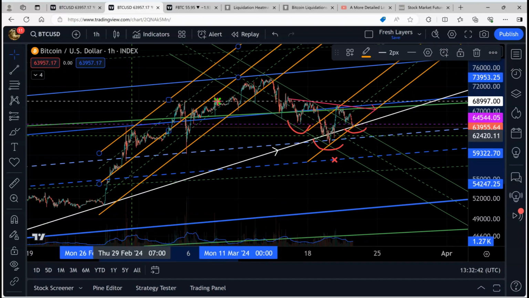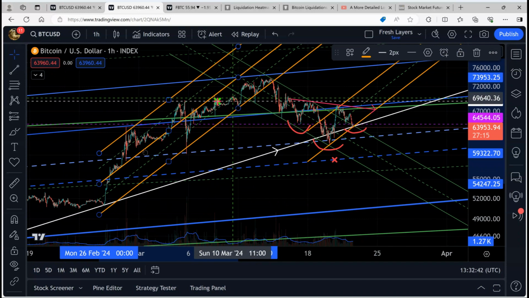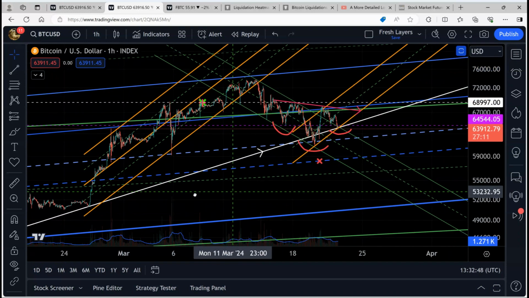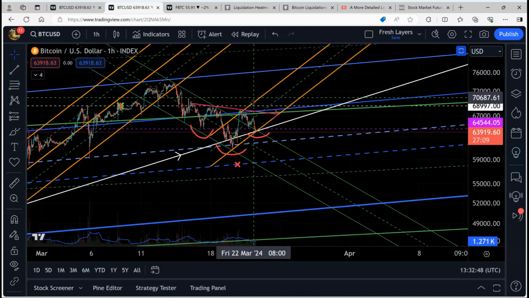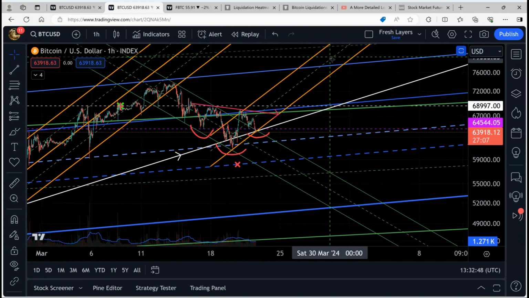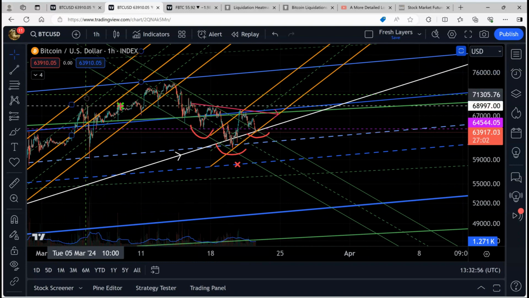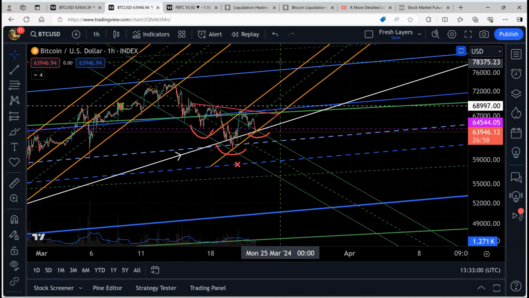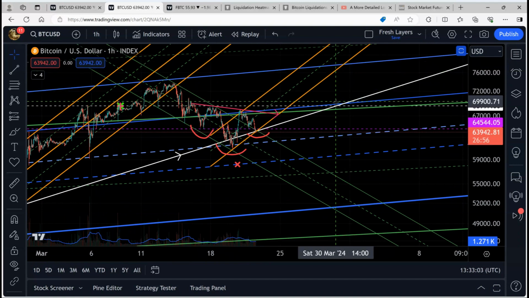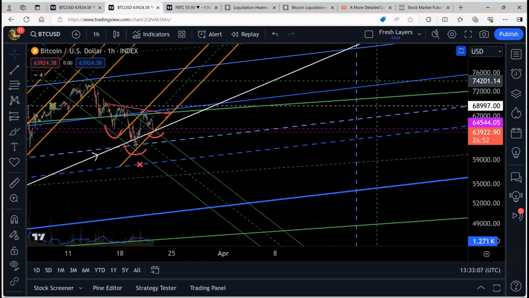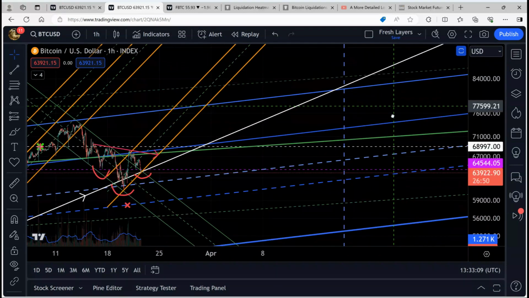You can see how price action has traveled up in this general sloping manner here. It doesn't mean that we're going to stay in this channel, but if we took another channel and placed it either on top or below here, that is what you would probably get. Now, halving is coming up over here.